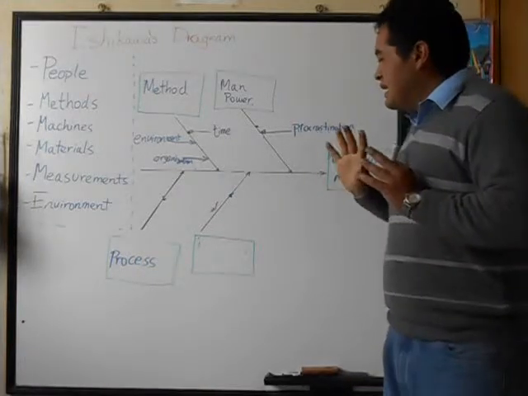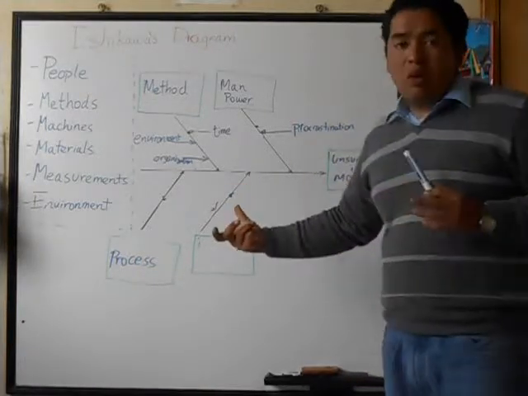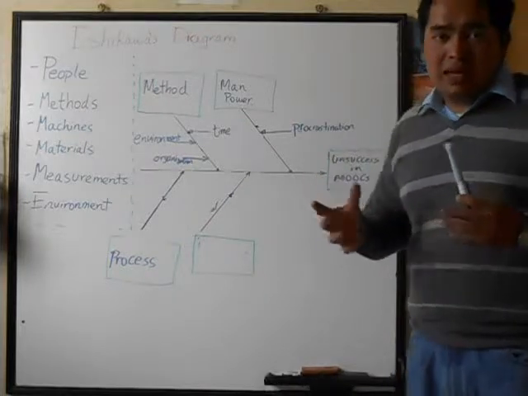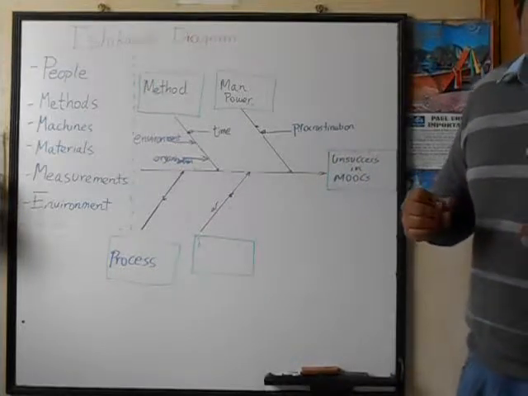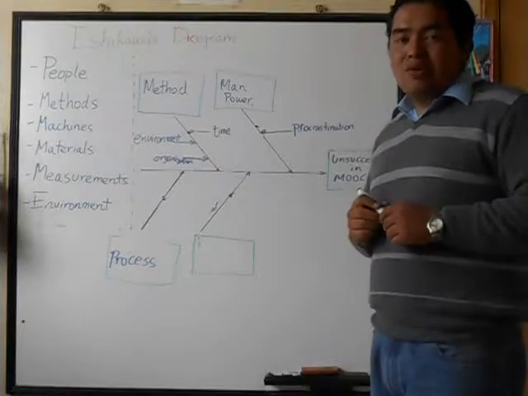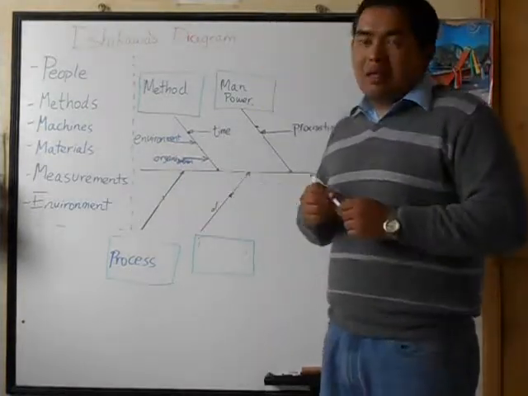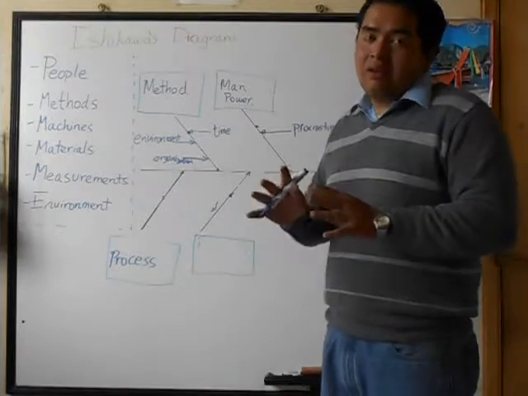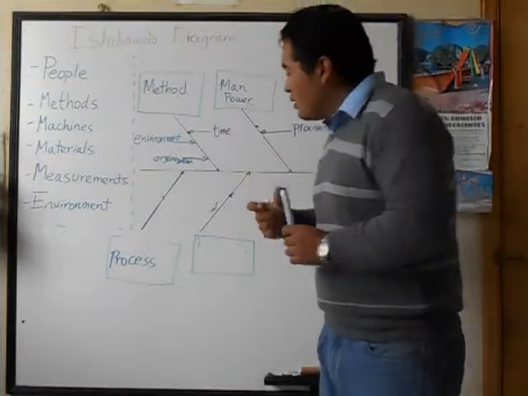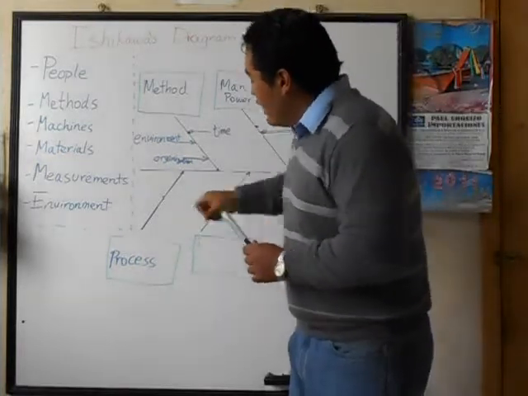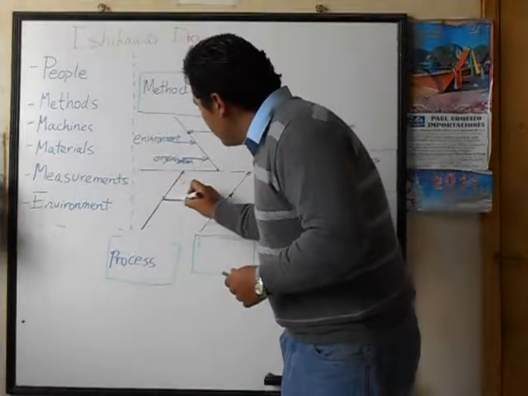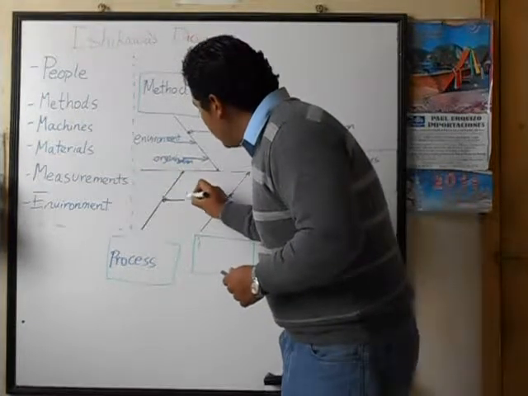Now, what process am I following? What is wrong with the process I am following? Maybe I am taking too many MOOCs, so I can't do one or the other. So what should I do? I write here, I am taking too many MOOCs.